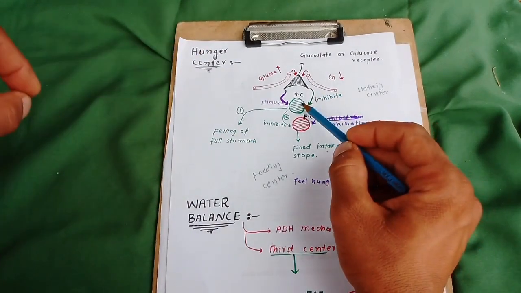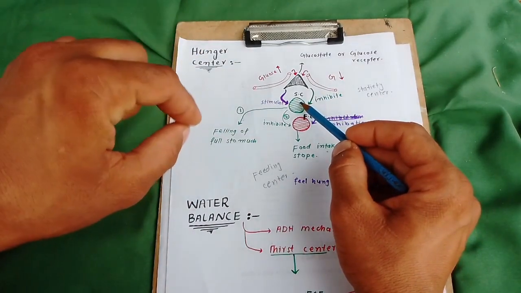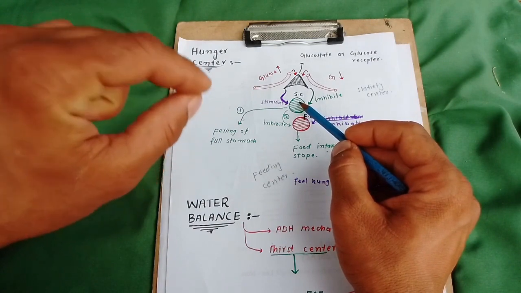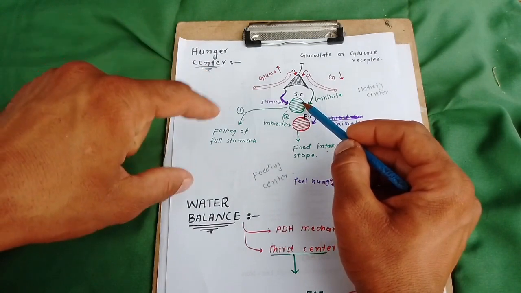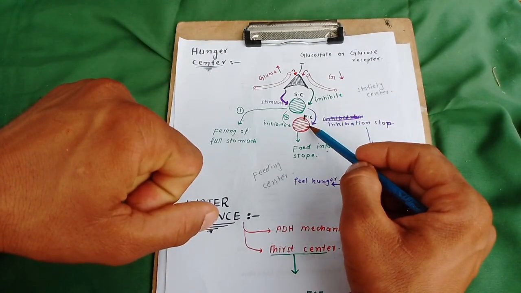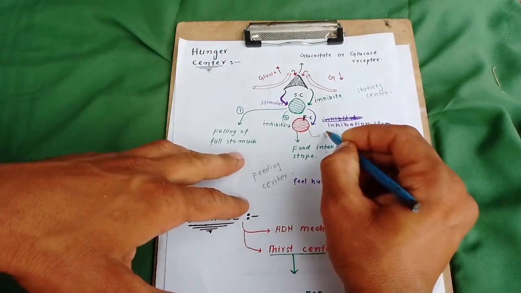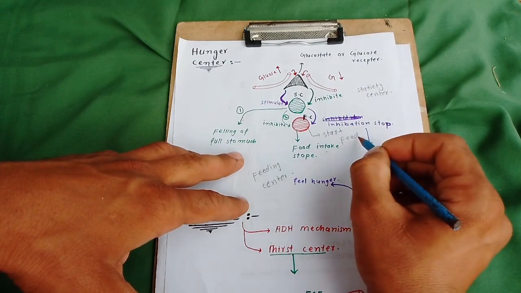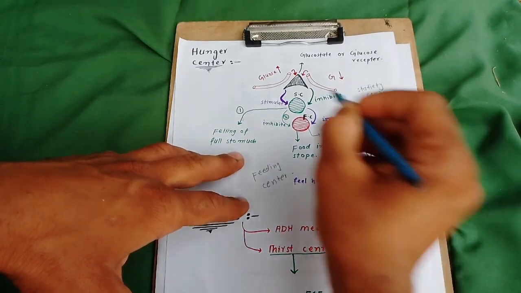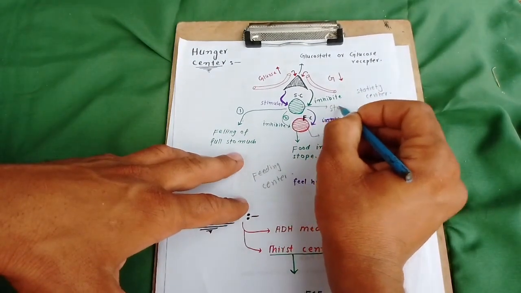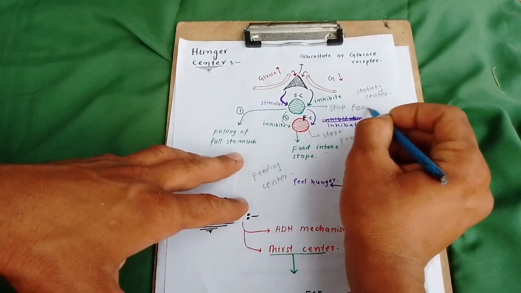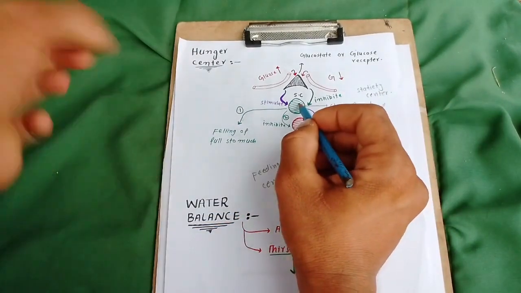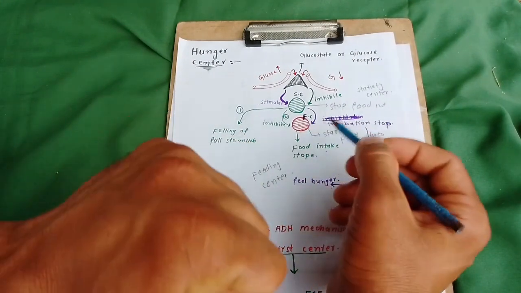The satiety center stops the intake of food, while the feeding center starts feeding, starting food intake. So this is the stopping center, and this is the starting center.